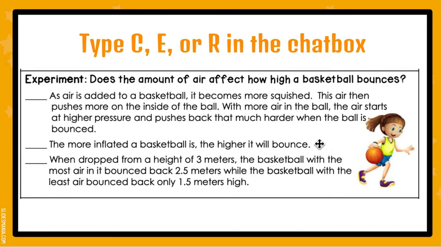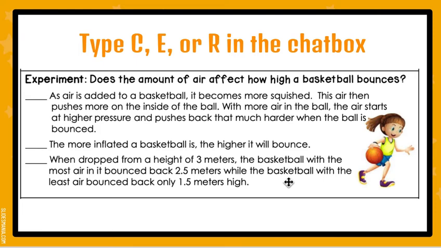How about the second sentence right here? The more inflated a basketball is, the higher it will bounce. What would this be? Claim, evidence, or reasoning? Yes, this will be claim because we can see a very direct relationship. The more inflated it is, the higher it will bounce. How about the third one?